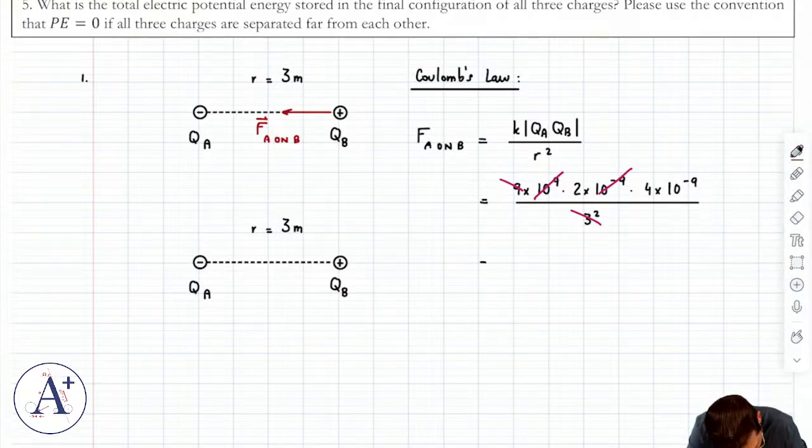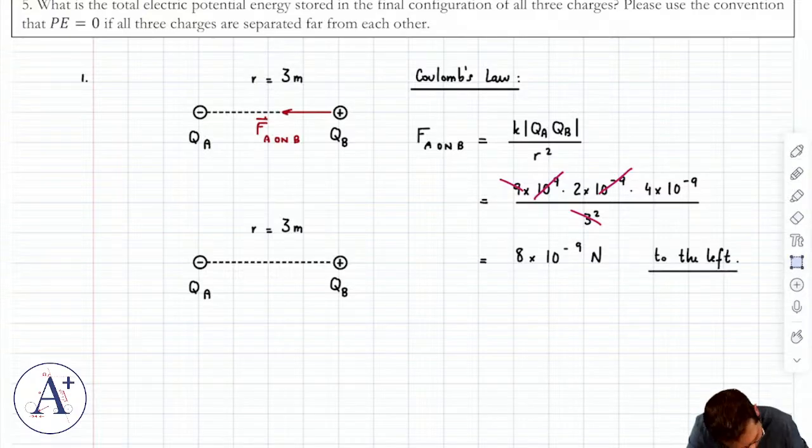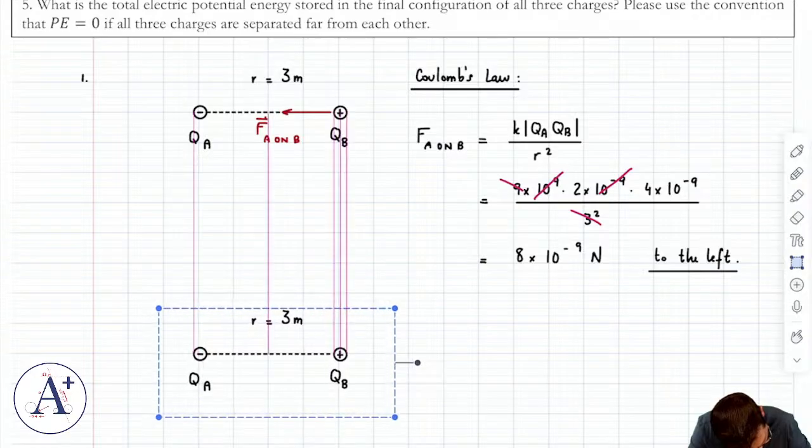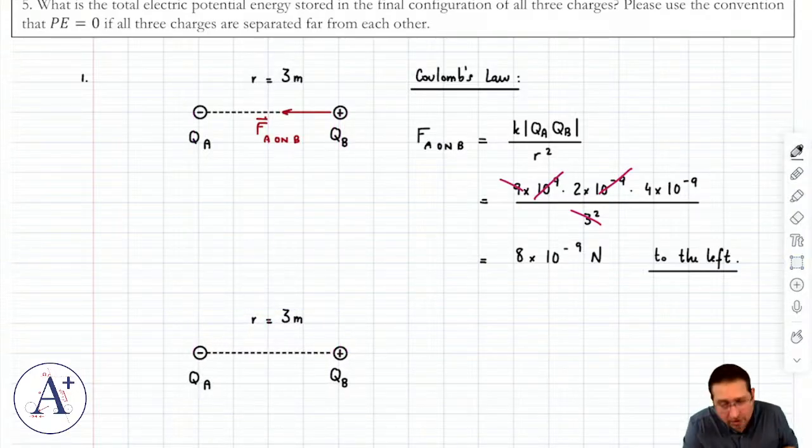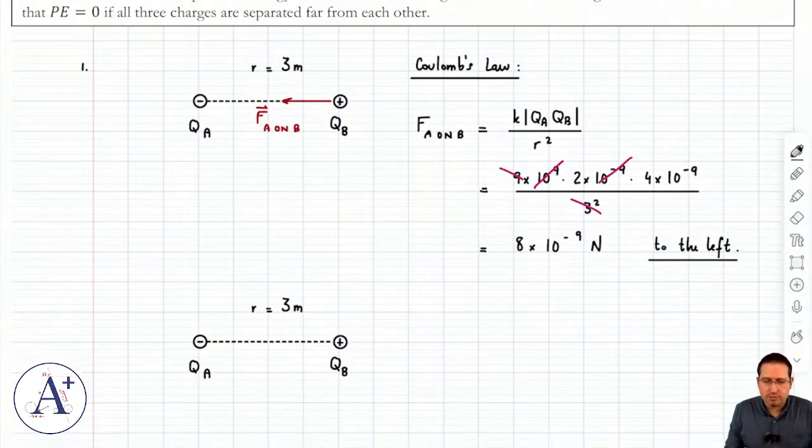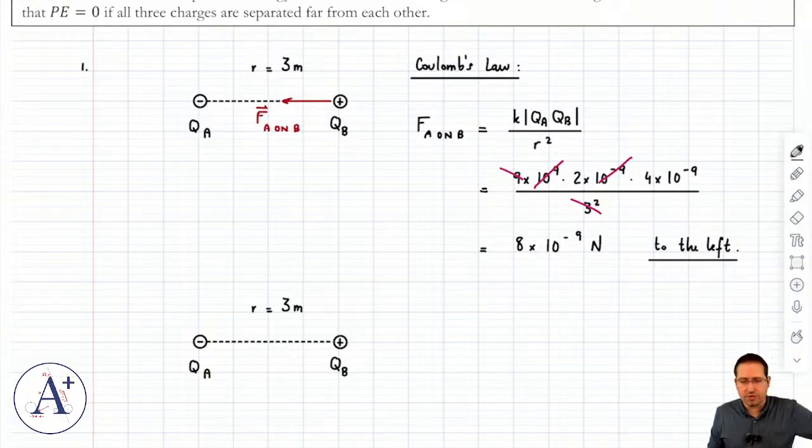This ends up being 2 times 4, which is 8, times 10 to the negative 9 newtons to the left. Okay, that's week 1. It's Coulomb's law. Nothing too difficult there.